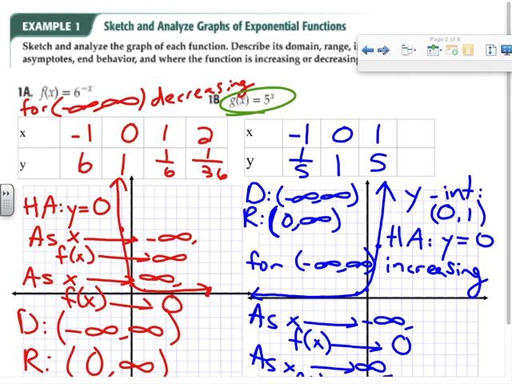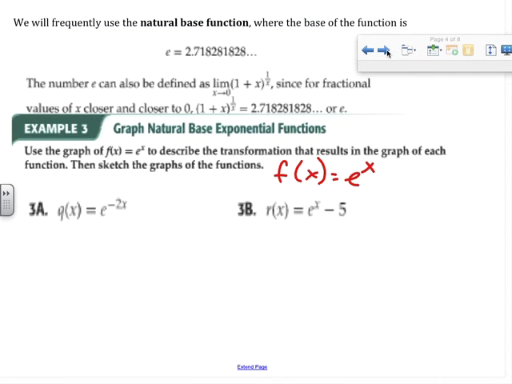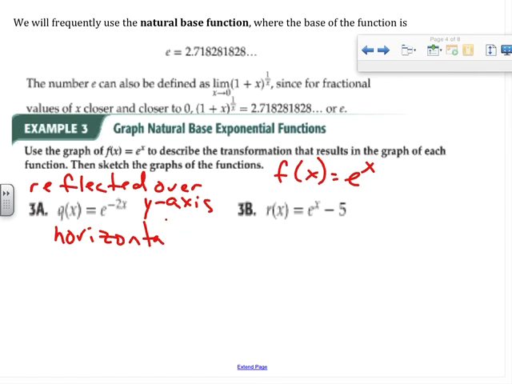Okay, so the main thing I'm interested in, in example 3, part A, is realizing that this will be reflected over the y-axis and it will be horizontally condensed.